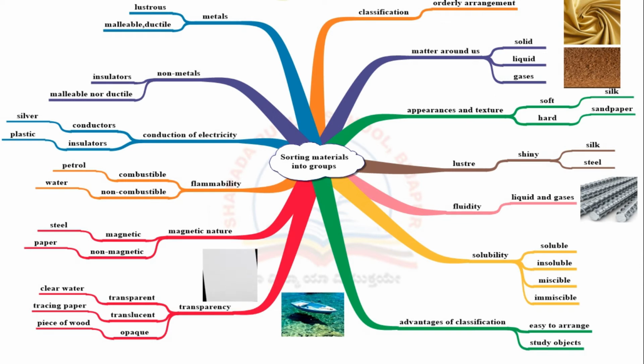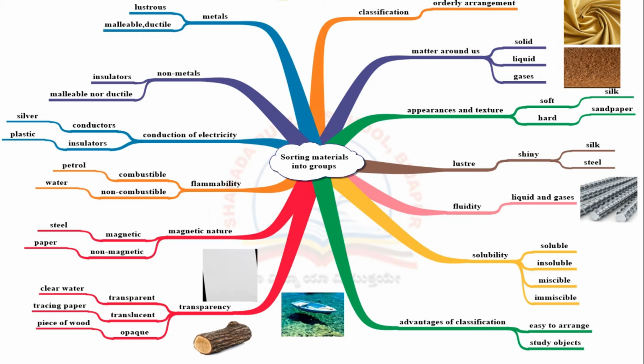Example, tracing paper. Opaque objects are not able to be seen through. You cannot see the source of light when you have a book in front of you, because it does not allow any light that falls on it to pass through. Those objects are known as opaque objects.